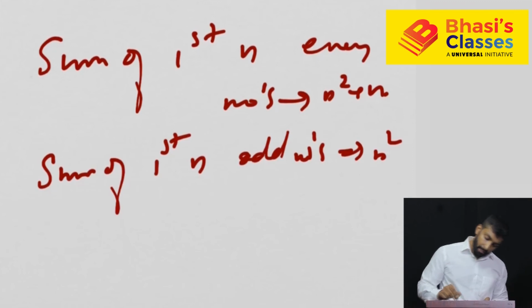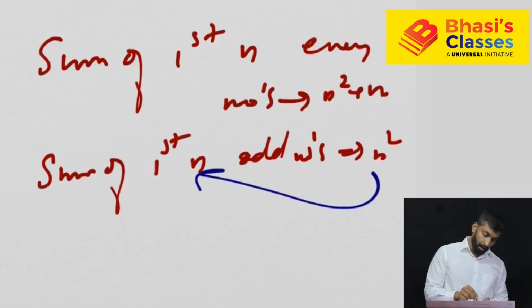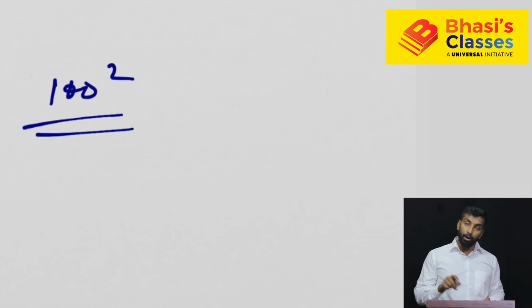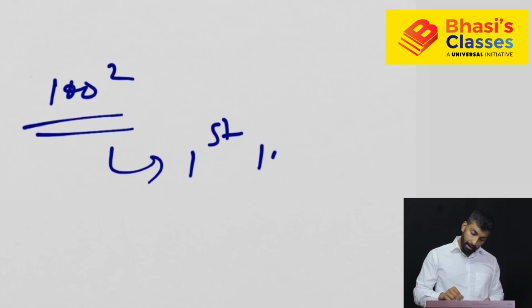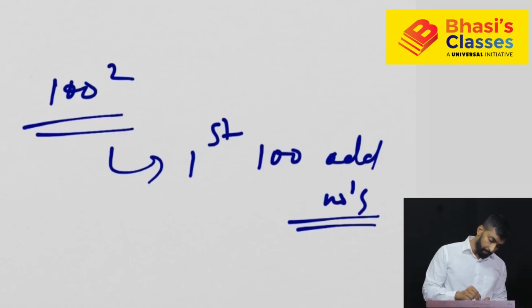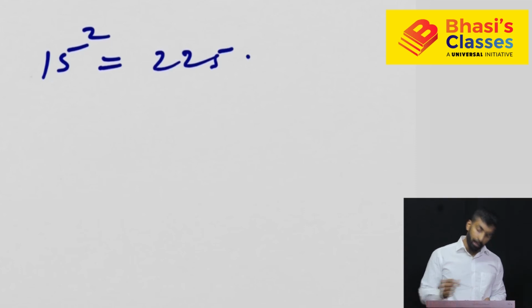So any square number you can think of in this reverse way also. How are you actually getting a square number? If you are finding 100 square, what does this mean? It is the sum of first 100 odd numbers. So 15 square is 225. What does this mean?